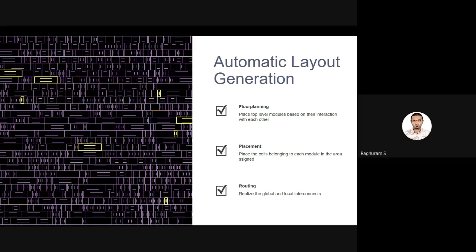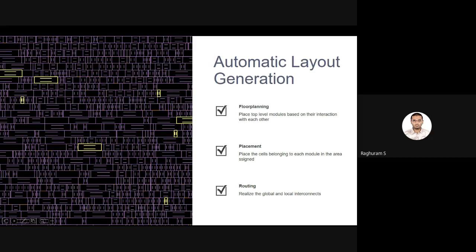Is it pointing downwards? Because the inputs from other gates have to come here. So I have to know where to give the input, right? I cannot connect the input to the output. I cannot connect the output to the input. So along with the orientation and the location, I have to find spaces for all the cells inside my arithmetic logic unit. So that step is called placement.